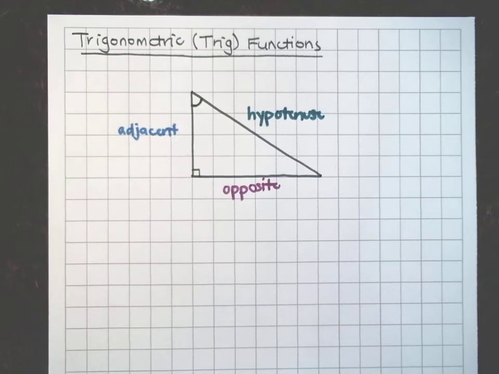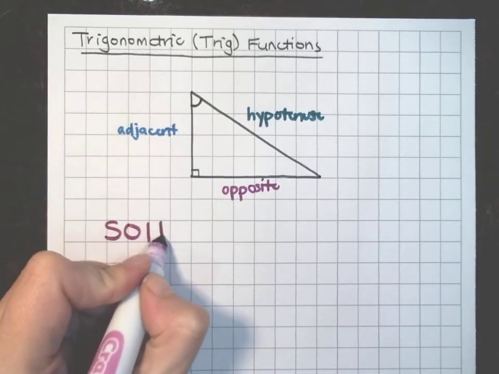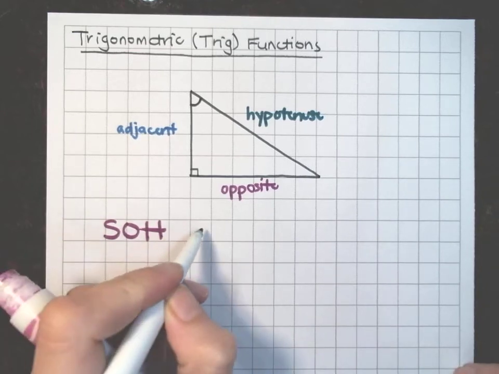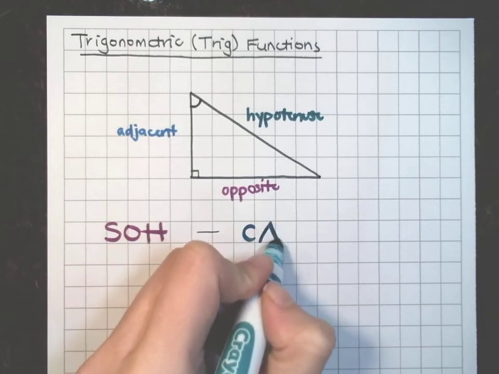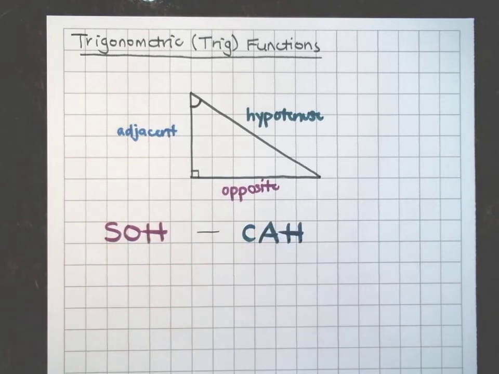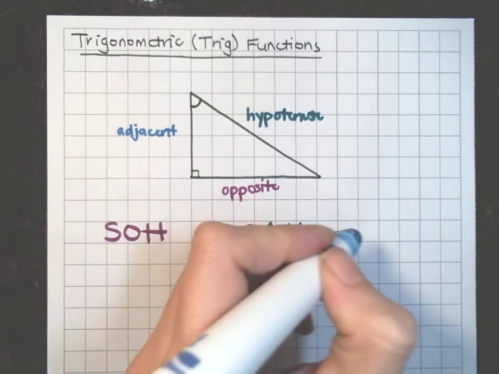And so the trig ratios that we can use are SOH, CAH, and TOA.